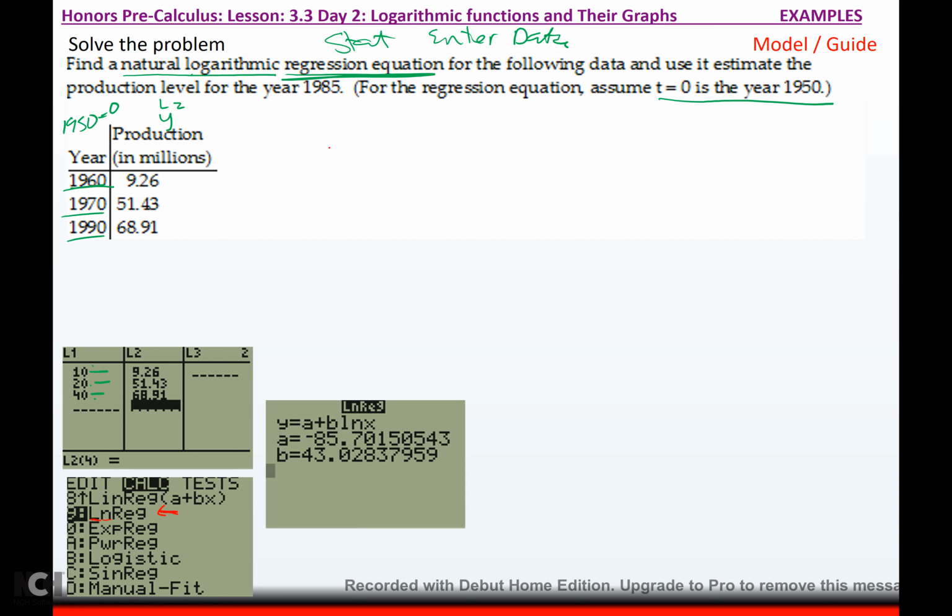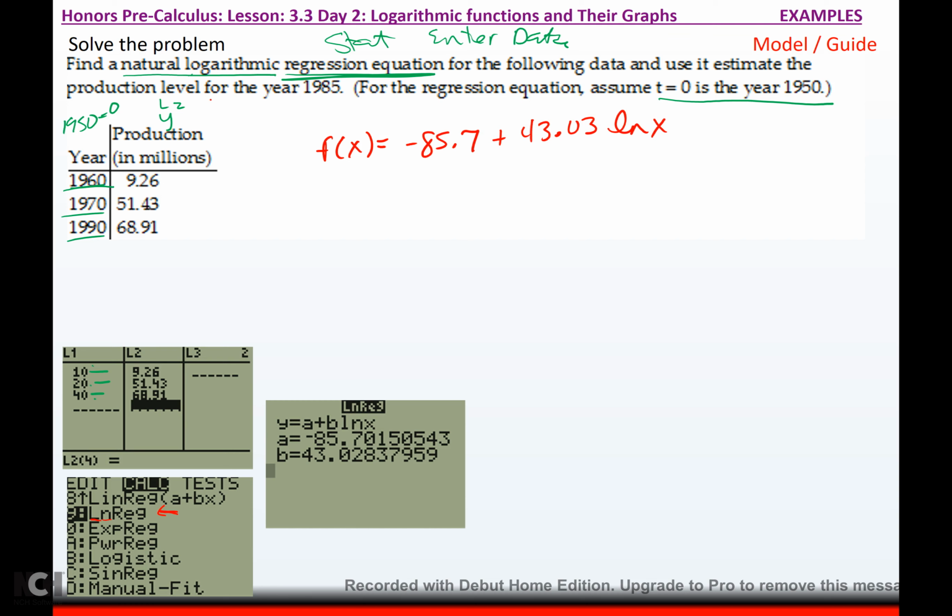So my function would be f of x equals negative 85.7 plus 43.03 ln x.